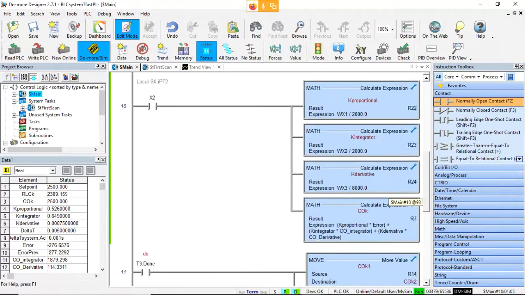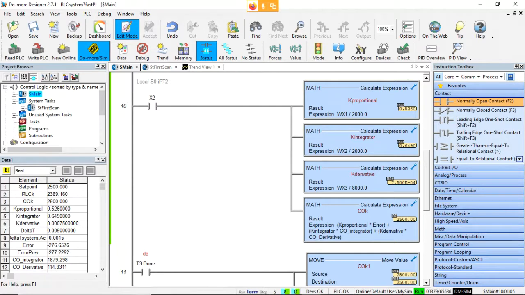Then to tune this, I'm using wx1, which is the integral, analog input 1, analog input 2, analog input 3. And so I'm using each one of these to scale the input.